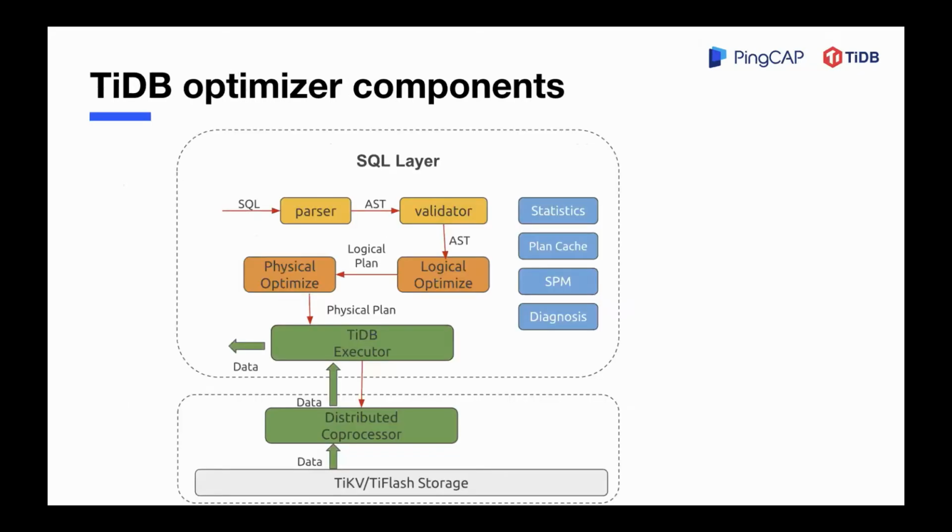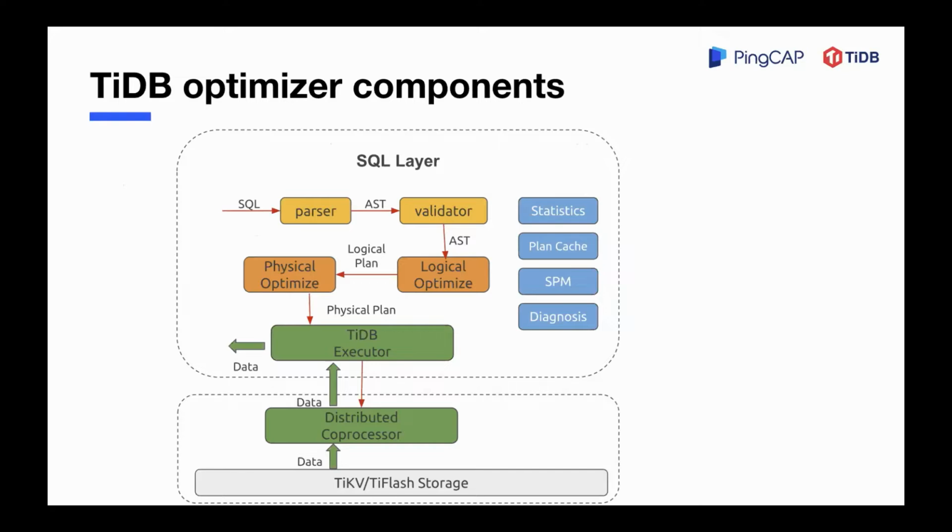And then let's come to the TiDB optimizer. So this is the SQL layer. As you can see, the TiDB SQL server receives the SQL from the client and then parses the SQL and generates the AST tree. You can see the AST as an intermediate data structure to transform the query text into a tree-like data structure.